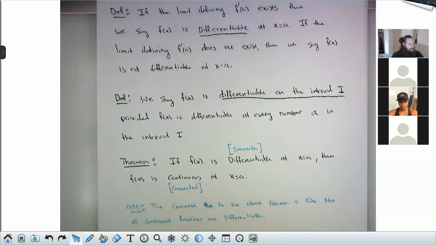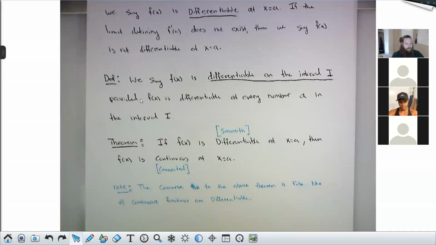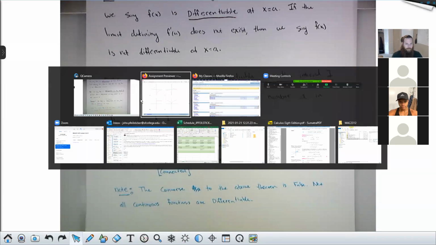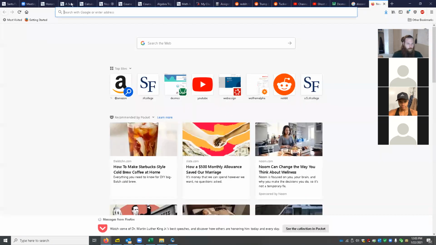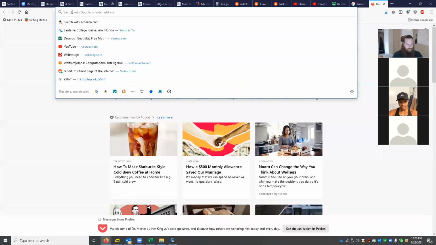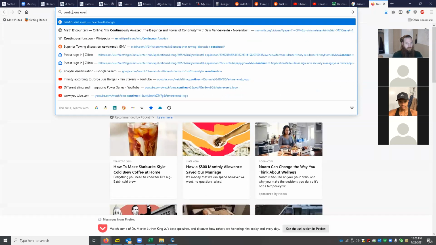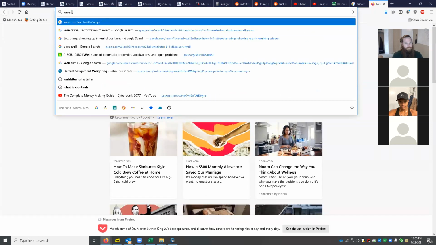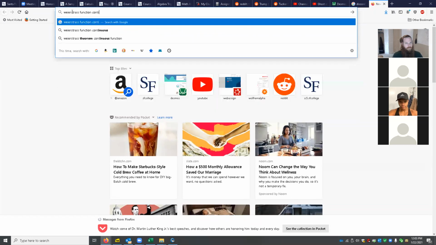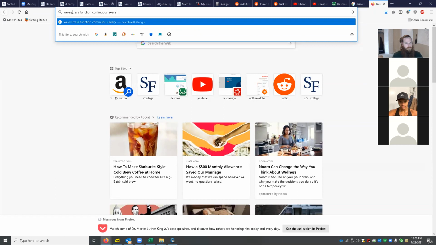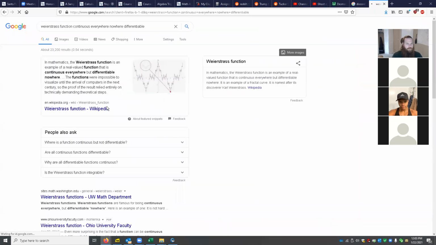One of the best things in here, and I'll show it to you on Wikipedia because it's easier there, is a function that is continuous everywhere in its domain, but is differentiable nowhere in its domain. I think it's sometimes called the devil's staircase.